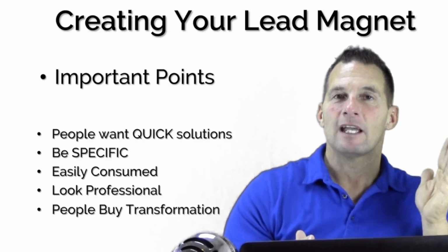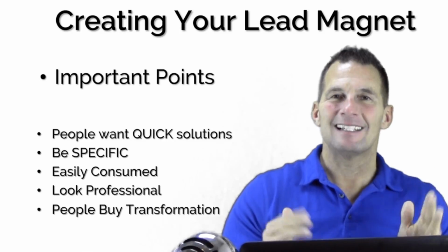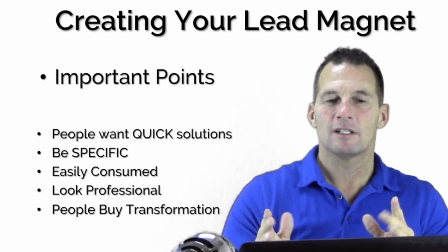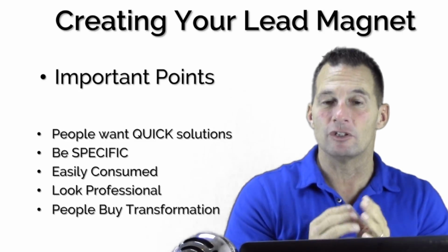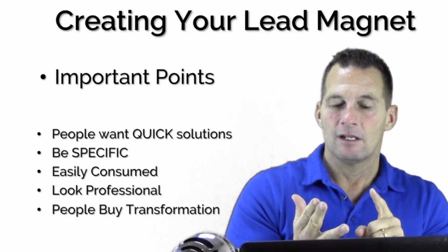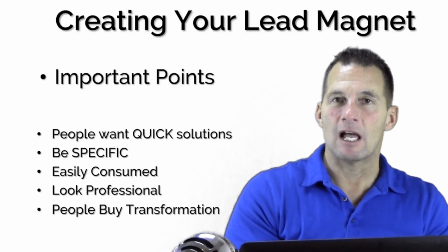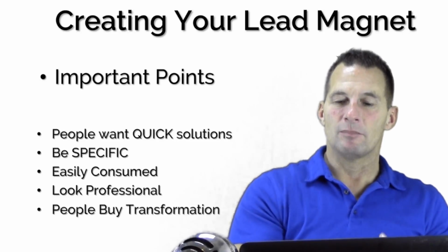Whatever it might be, it's transformation, it's quick and specific, and it's easily consumed with those bullet points. This is the structure that you could use to create awareness, interest, and curiosity, to get somebody to opt in, so that you can then begin to build rapport.